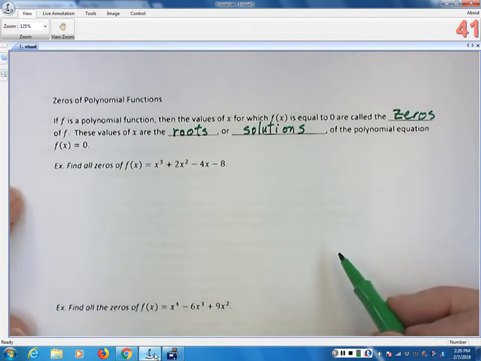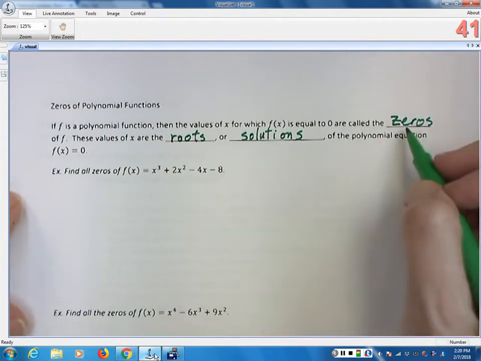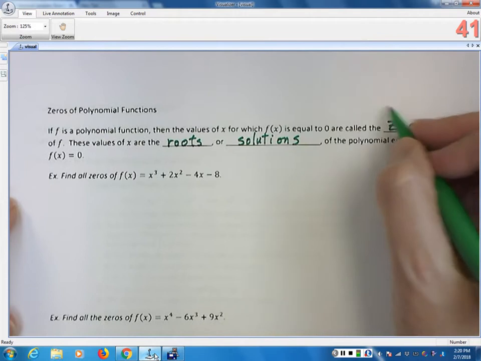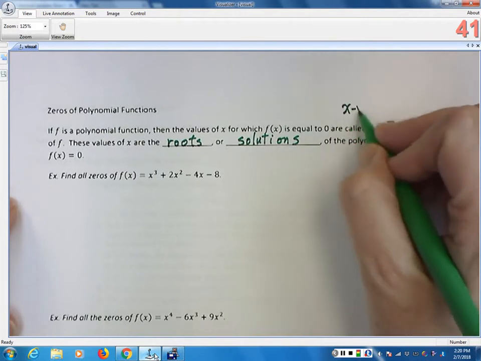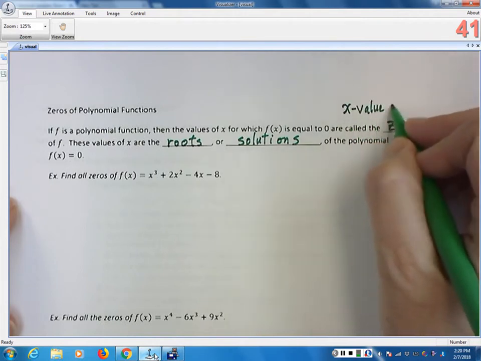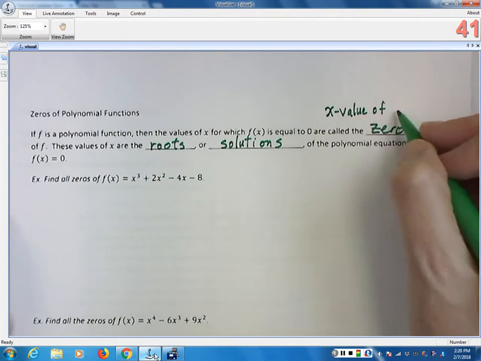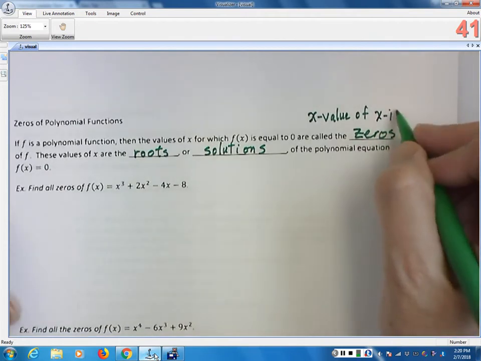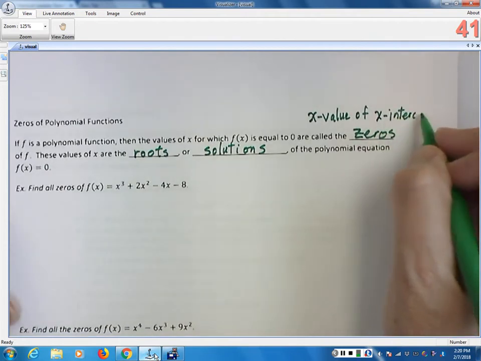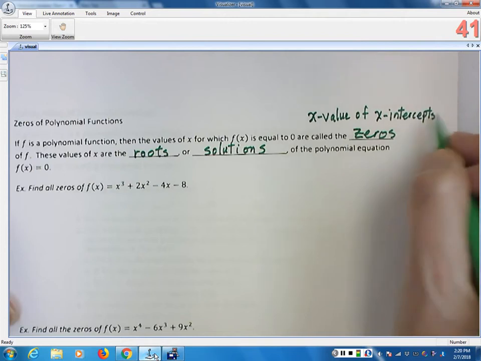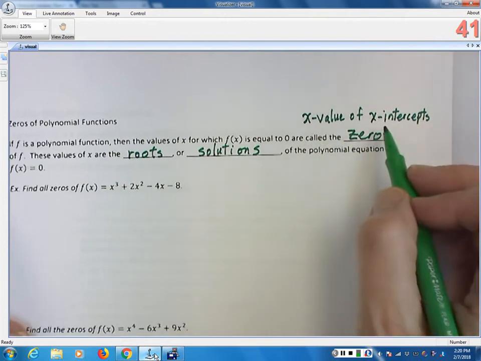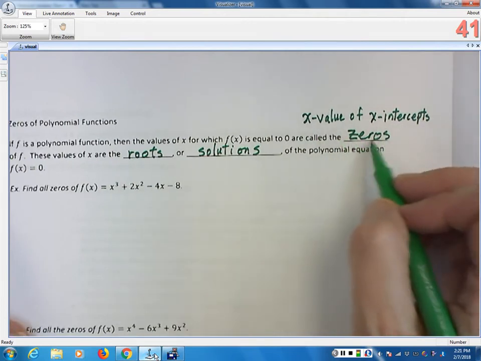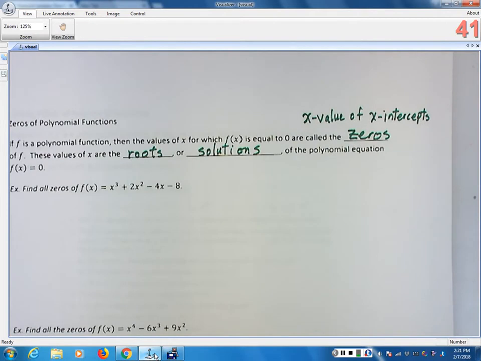Now, when we talk about zeros, this is just the x value of, remember I always wanted ordered pairs, the x-intercept. Zeros and the x value of the x-intercept are the same thing. Where is it crossing the x-axis? Those are called zeros. Why are they called zeros?